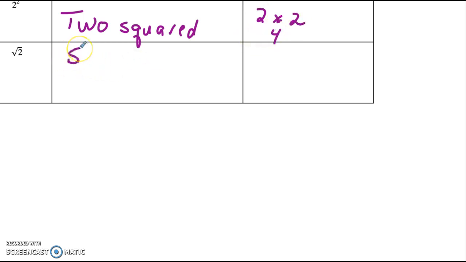This one's read as the square root of 2, which means what number multiplied by itself equals 2. And that's as good as it gets because that is an irrational number. It doesn't terminate. It's going to go on and on and on forever. So that's an exact answer.